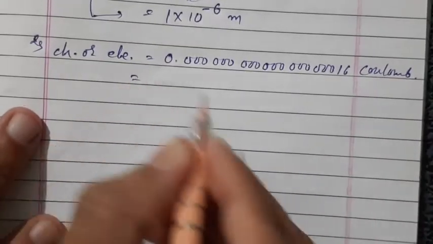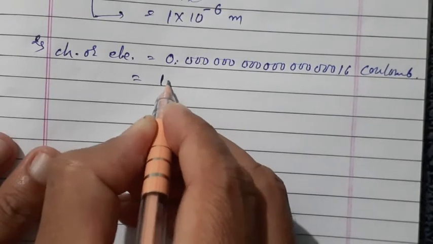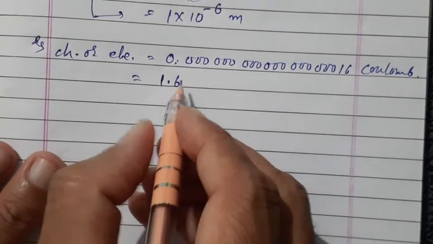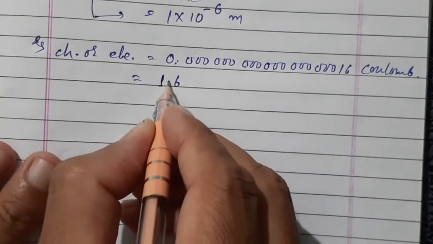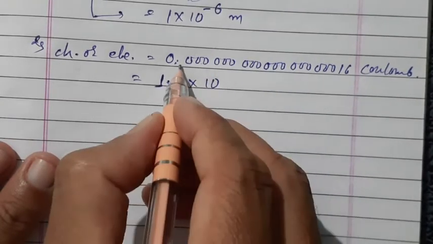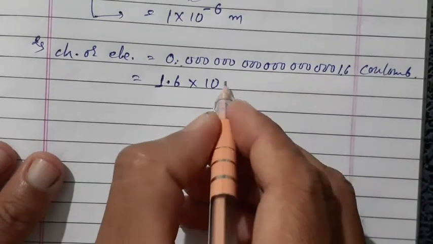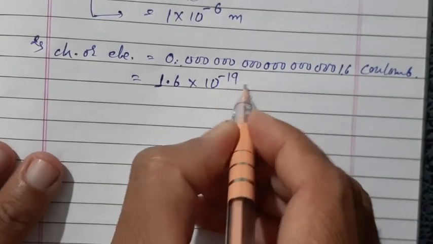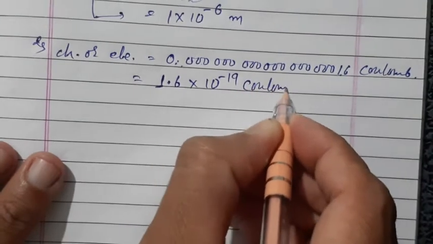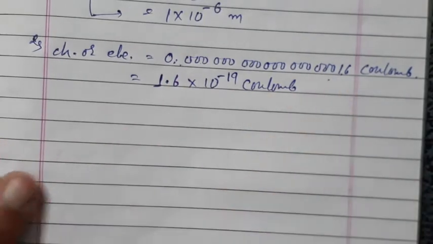Okay, that means we move. Standard form is 1.6. Only one digit in the integer part. So 1.6 into 10 raised to, now we move up to 1. So how many digits are there? 18 and 1, 19. So minus 19 coulomb. Our power should be minus because we move to the right side.